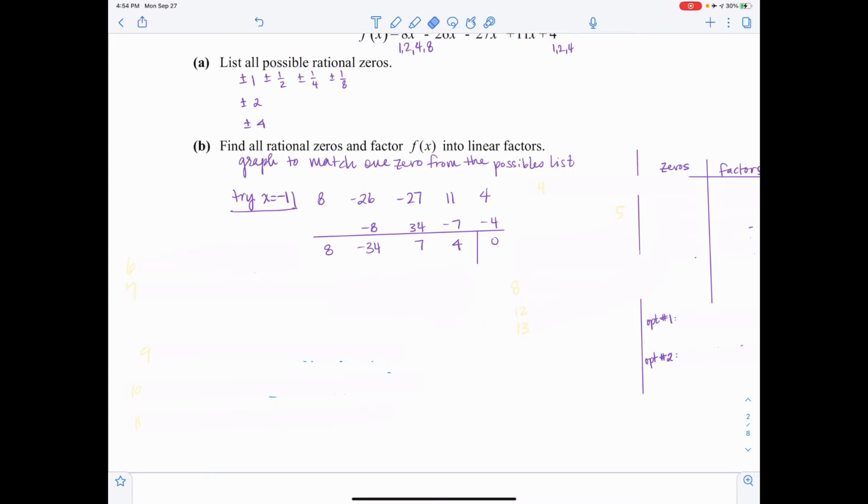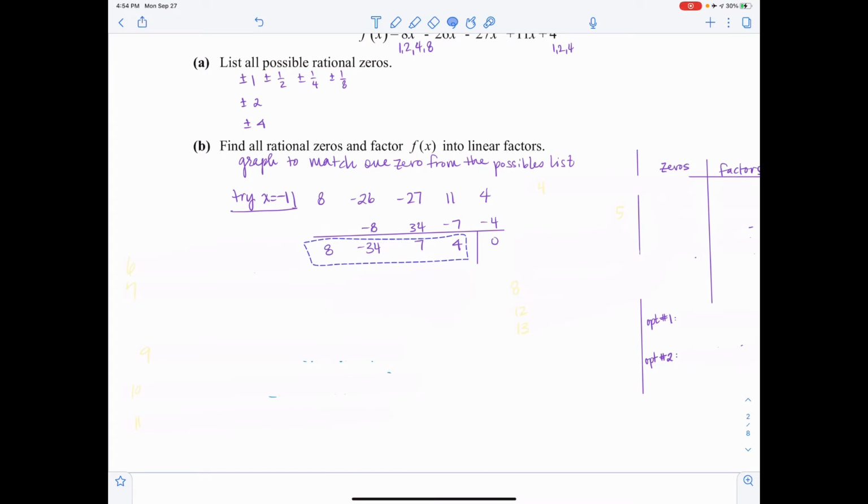Now, on the ones that we did before, you remember that we took the depressed polynomial and we factored that because it was quadratic. Unfortunately, this one is not quadratic. My highest power of this polynomial is going to be to the 3rd power, and so it's not as easy to factor a 3rd power.